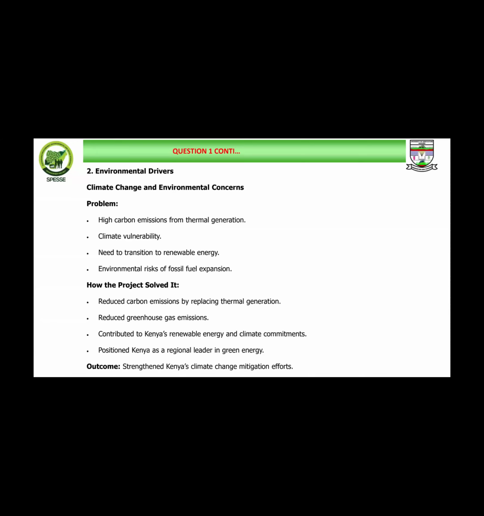The problems identified are high carbon emissions from thermal generation, climate vulnerability, the need to transition to renewable energy, and the environmental risk of fossil fuel expansion. The project can solve this by reducing carbon emissions by replacing thermal generation, reducing greenhouse gas emissions, contributing to Kenya's renewable energy and climate commitments, and positioning Kenya as a regional leader in green energy. The overall outcome would strengthen Kenya's climate change mitigation efforts.